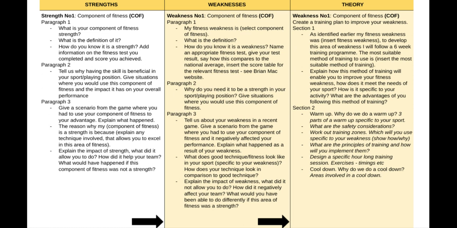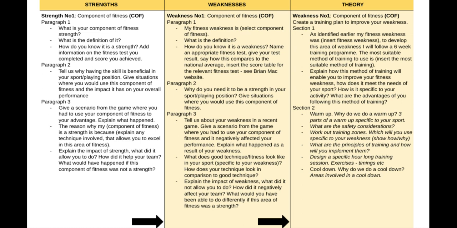Paragraph 1 sets the scene in both strengths and weaknesses. It sets the scene by highlighting and defining your strengths and weaknesses. You must justify why you believe it is your strength or weakness, and you can do this by comparing fitness test results against normative data. You can find all of the normative data on the Brian Mac website.